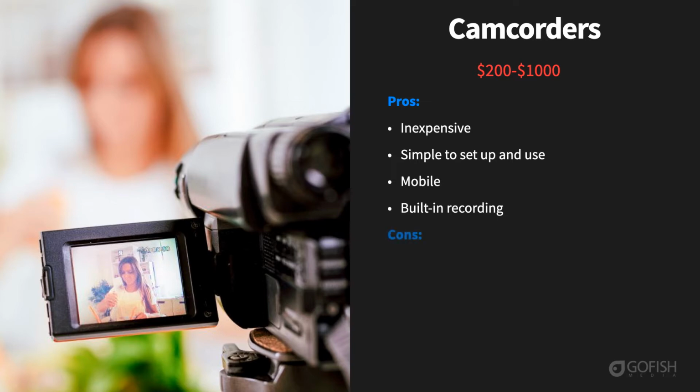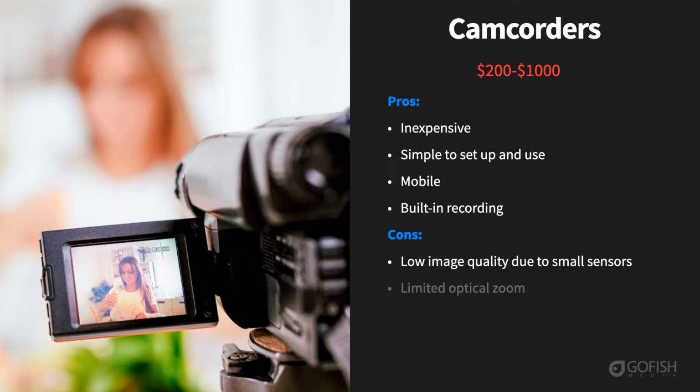Some of the cons, though, of using a camcorder is that these type of cameras have a lower image quality because of the fact that they use small image sensors. So keep that in mind. These are not designed really for large venue type recording, and they're not designed to handle low light situations very well in most cases.